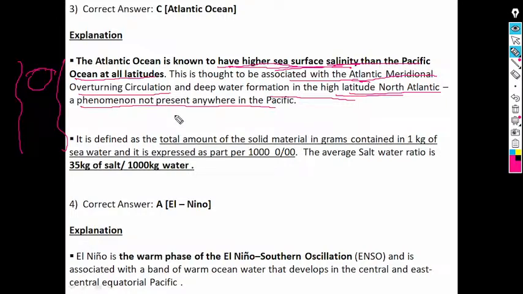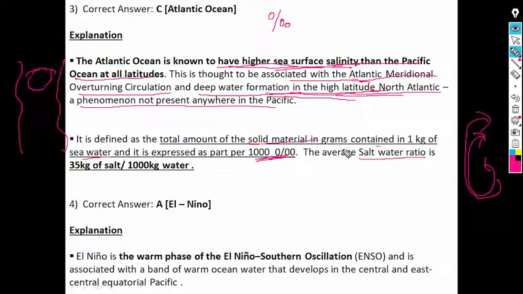This phenomenon is the meridional overturning circulation, deep water formation in the high latitudes of the North Atlantic. Salinity is defined as the total amount of solid material in grams contained in 1 kg of seawater and is expressed in parts per thousand.